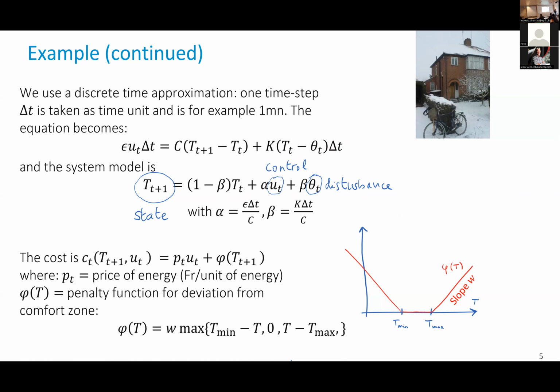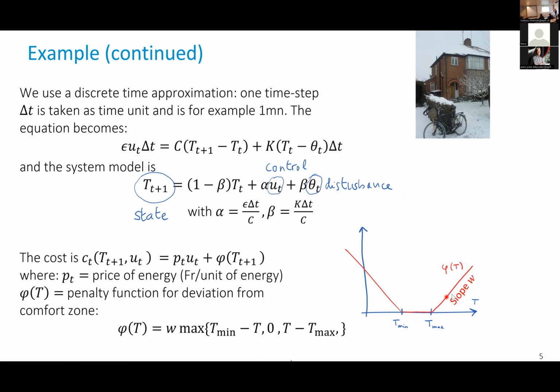We could put constraints by saying we want to force the temperature to be within the desired band, which is here between Tmin and Tmax. A simpler way is to put what we call a soft constraint by using a penalty function. That is a function of this kind that says as long as the temperature is within the acceptable band, there is zero penalty. If it's too large or too low, there is a penalty.